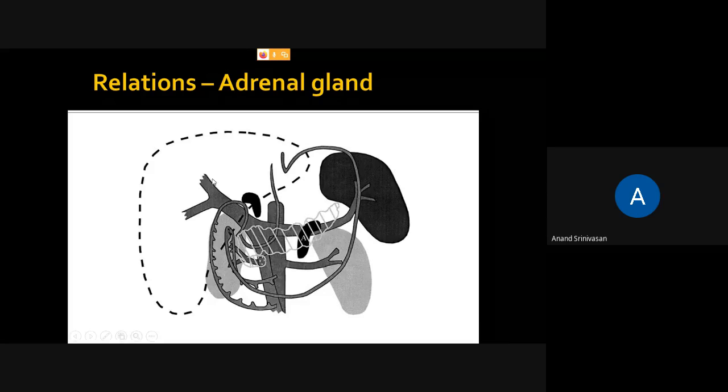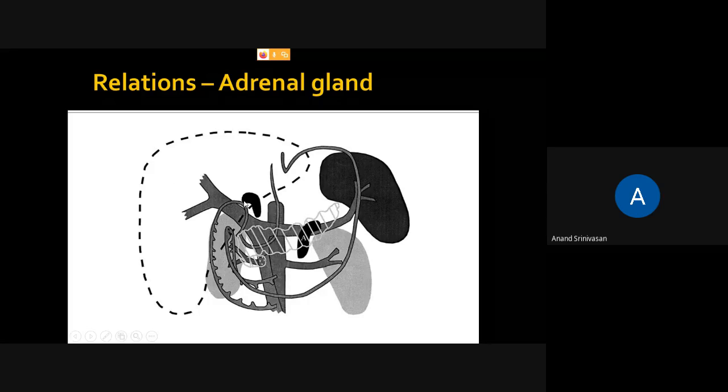Here are the kidneys, the gray colored structures, and the black colored structure just above the kidney is the right suprarenal gland, and here you can see the left kidney and the left suprarenal gland. Now what is this dotted line? The dotted line is the liver.